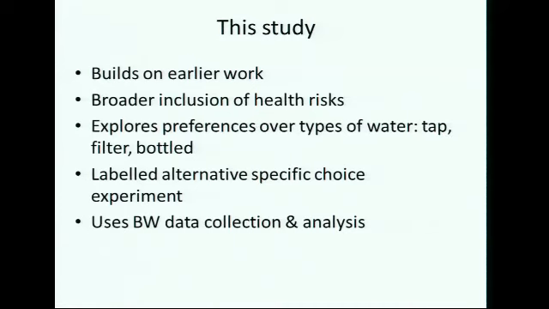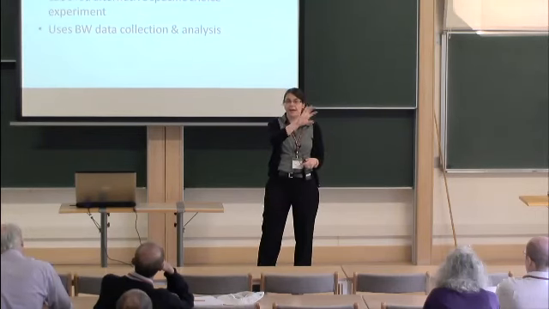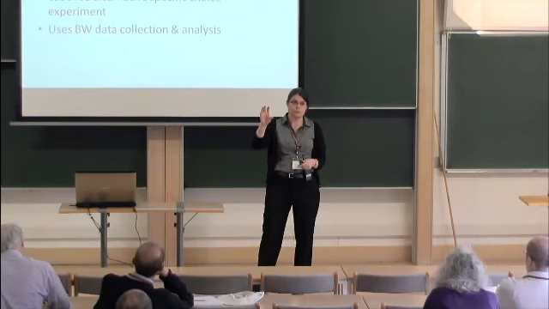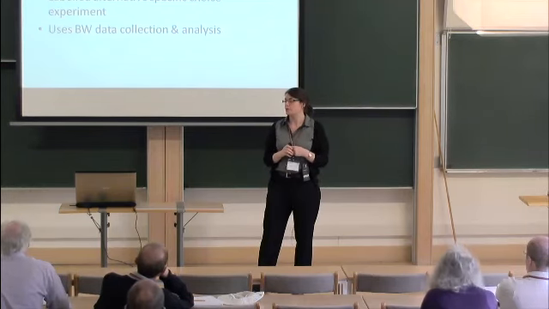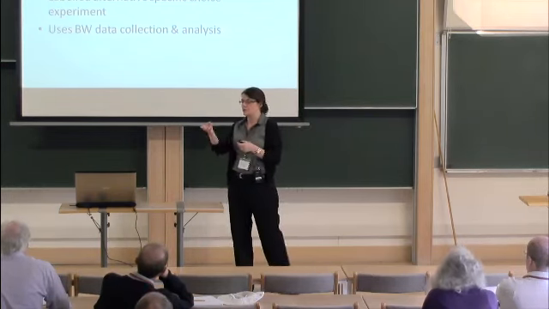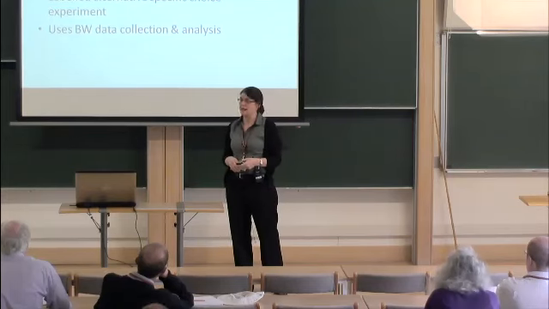So tap water, tap with a filter, and bottled water. And so that led us down the track of using, because they were clearly labelled, tap water is a label that differs from bottled water, even if we have the same attributes describing those alternatives. So we have a labelled experiment, and we also use this best-worst data collection and analytical approach.